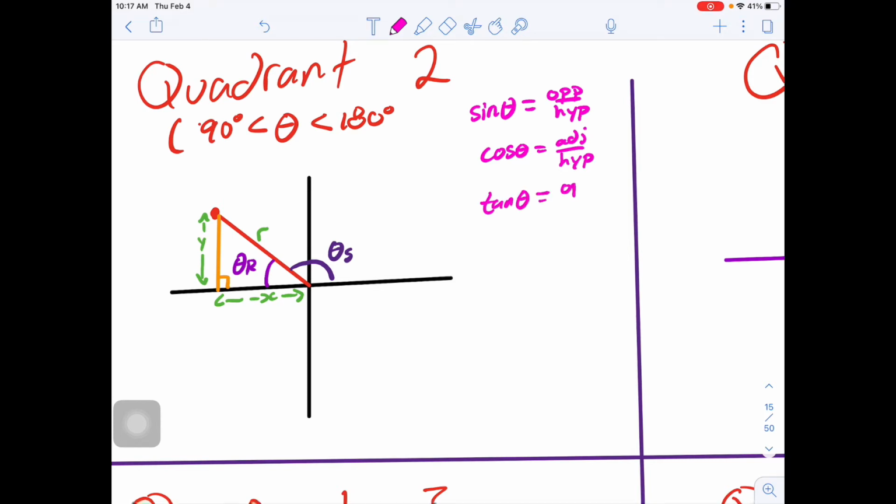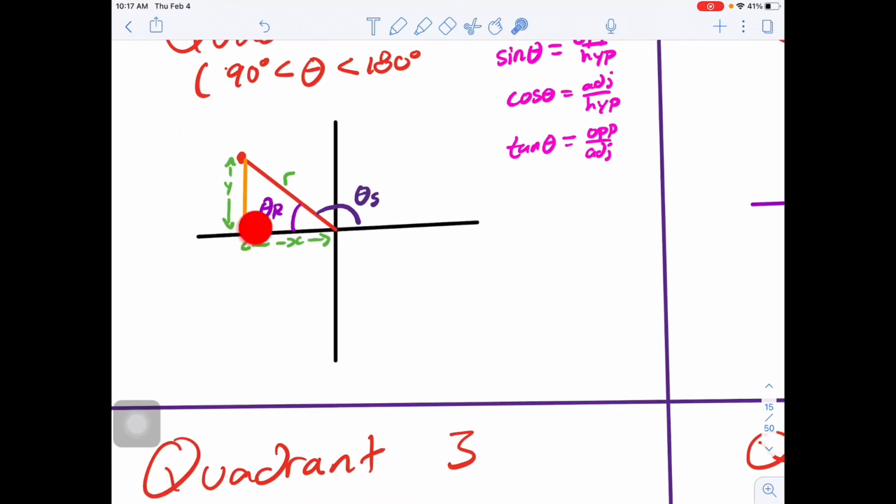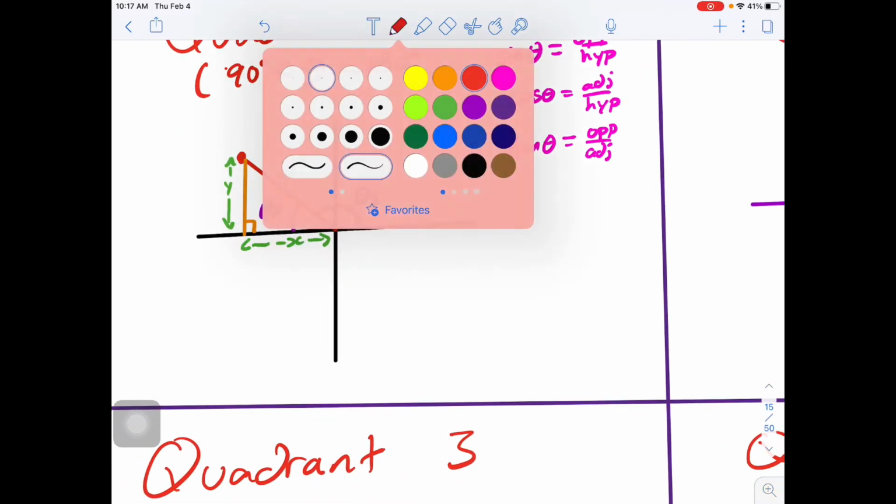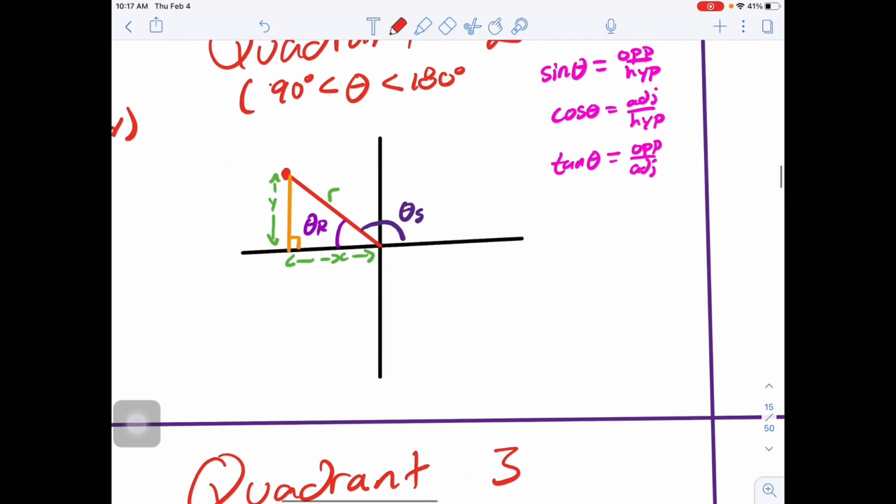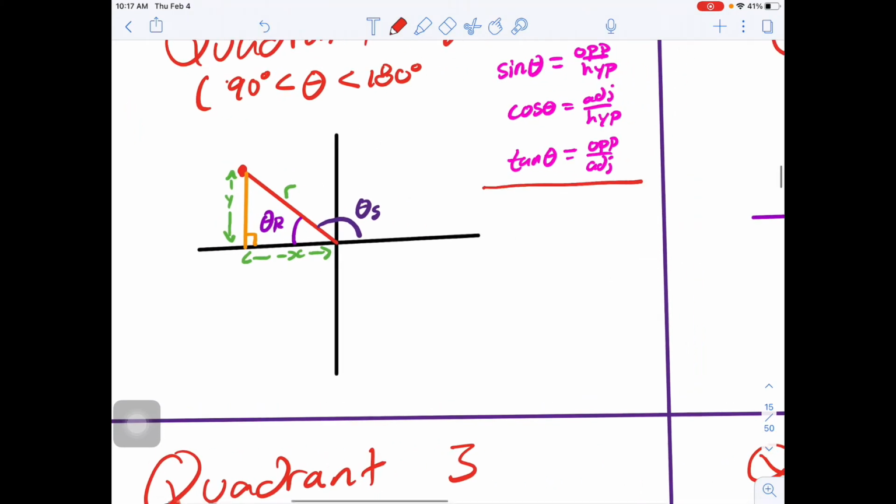opposite over adjacent, we can now put it in terms of our new sign conventions on a Cartesian plane. So in this case, what does sine angle equal? Well, sine angle, we're going to talk about the reference angle. If we reference this angle, the opposite to the reference angle is y over the hypotenuse, which is r.